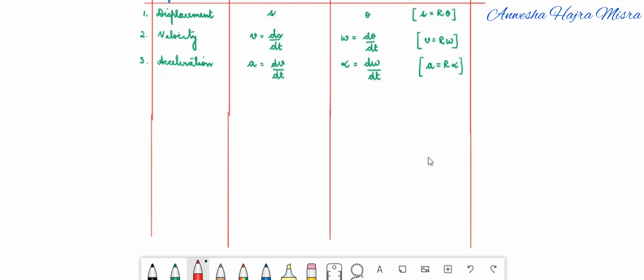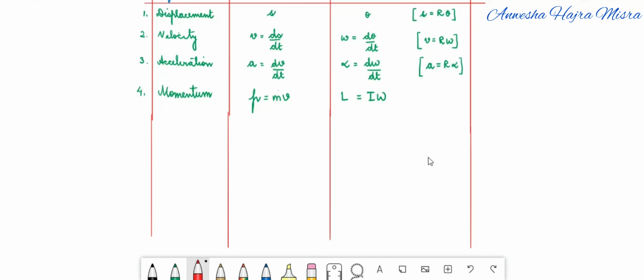Now, fourth point is momentum. Linear momentum P was mv, angular momentum L was I omega.